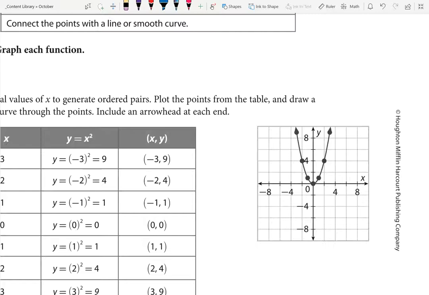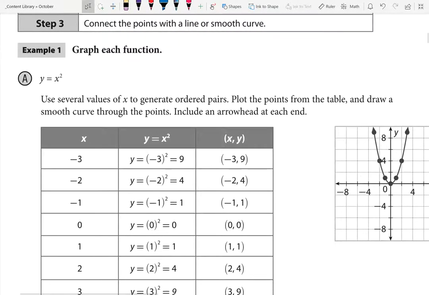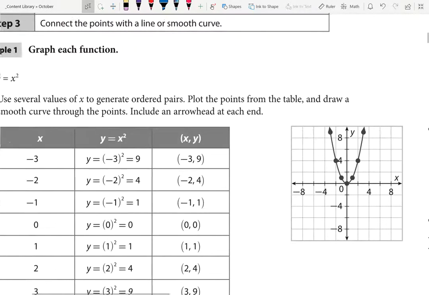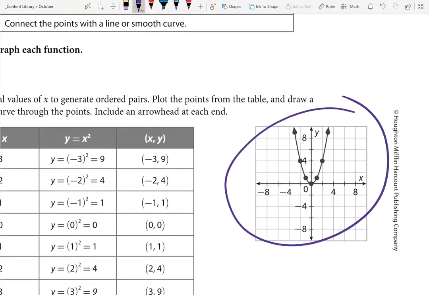But the problem is, well, it's not really a problem. It's actually more of a good thing for us that we can pick any numbers we want to plug in, any numbers at all. However, although you can plug in any number you want, you're limited by the space on your graph. If you have a point that can't fit on your graph because your graph is too small, then you can't really use that point because it won't fit on your graph.